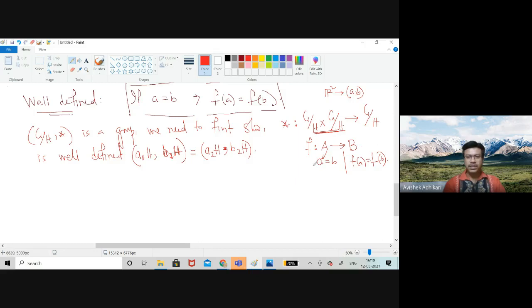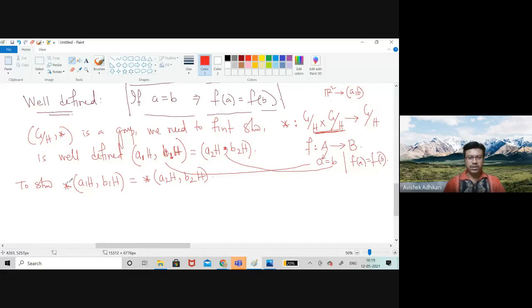So this is my A, this is my B, and they are equal. So what you need to show? To show the function, here the function is star. That means star of (A1H, B1H) should be equal to star of (A2H, B2H).